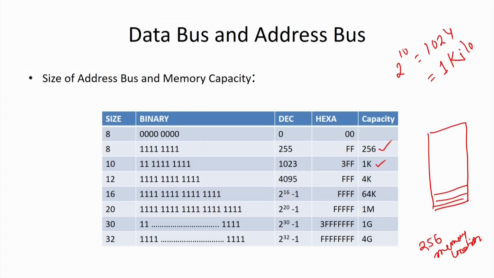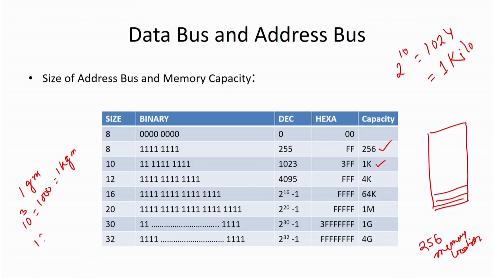This is slightly different from our metric system. Basically, if I have 1 gram or 1 centimeter, then what will happen? I can say that 10 to the power 3 is equal to 1000, so we say this is your 1 kilogram.